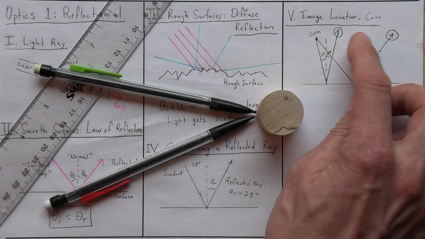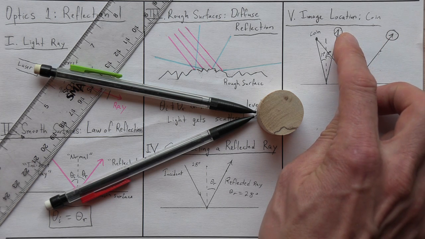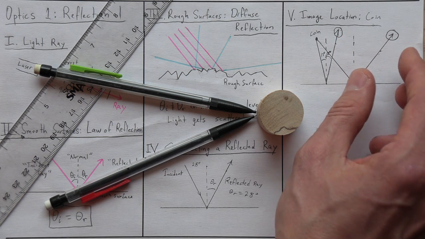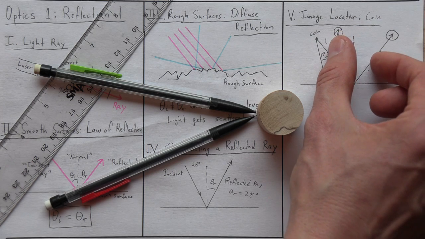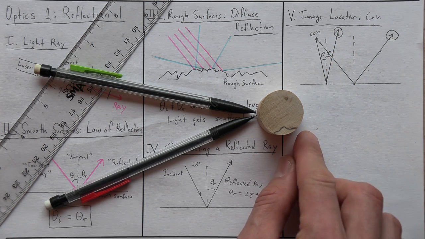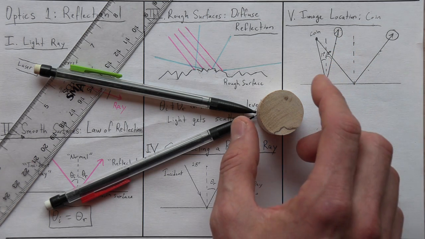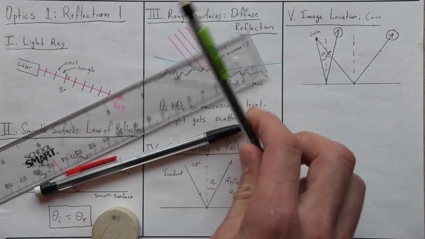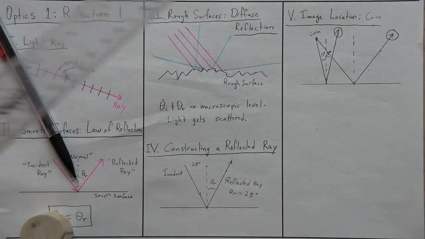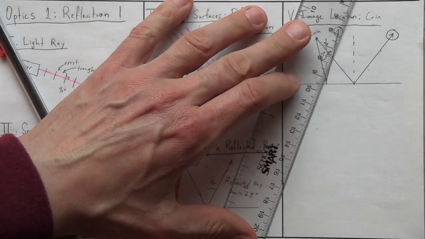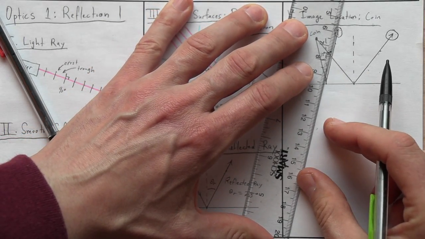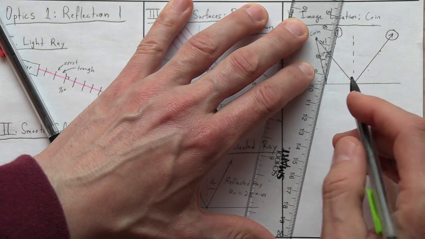Same concept over here, but these rays came off the mirror, and your brain says, I know where the object is. It's wherever these two lines originated from. And so in your mind, it extends those lines. So that's what I'm going to do. I'm going to extend this line back behind the mirror.